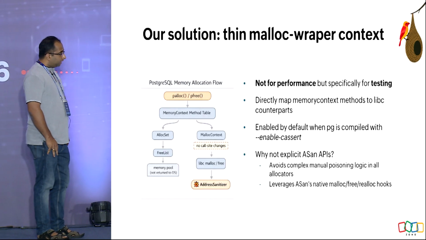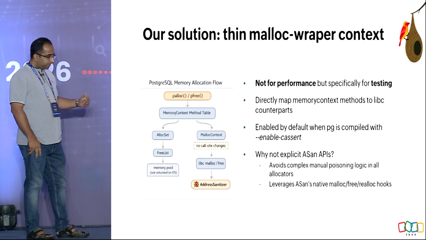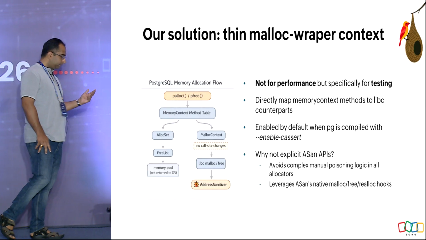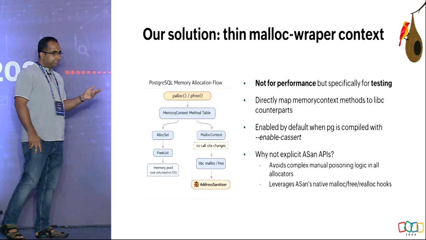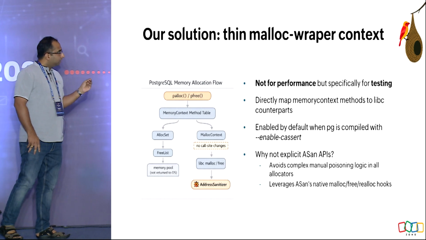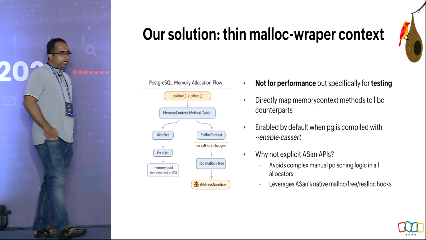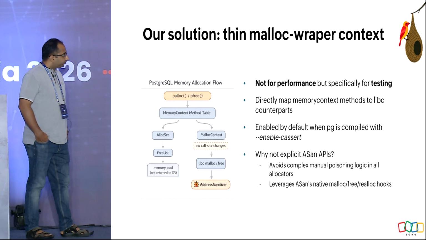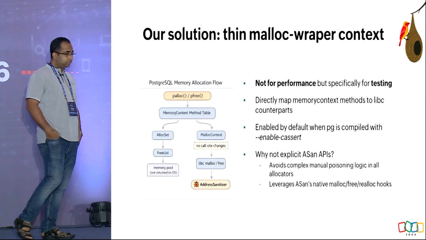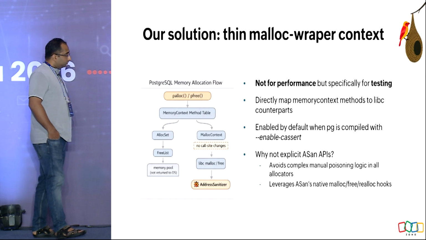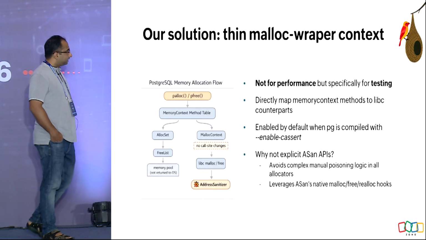In this memory context, we map the malloc, free and realloc APIs directly into your context table. This will be enabled by default when you compile PG with enable-casserts. So when you compile with enable-casserts, for all the allocator implementations, you will just enable this instead.